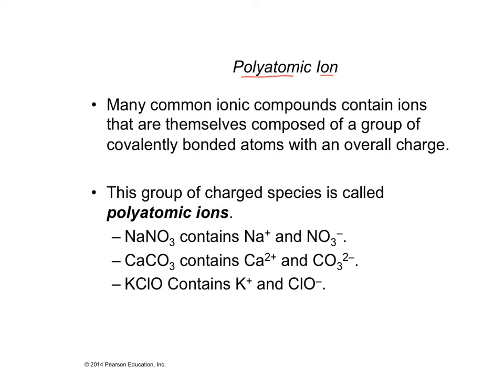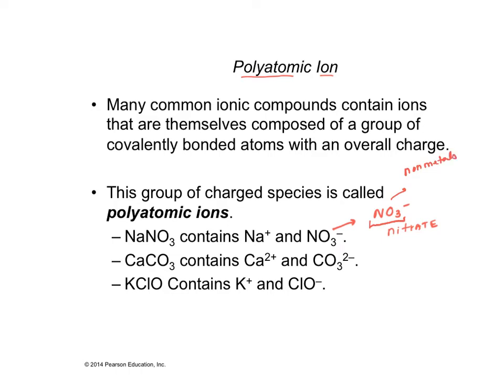So what do I mean by that? So something like NO3 minus, so this is called nitrate. This is the nitrate polyatomic ion. If you look at these guys, nitrogen and oxygen, what type of bond is forming this compound, right? Nitrogen, oxygen, both of these are non-metals, right?